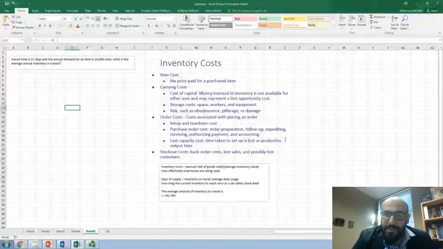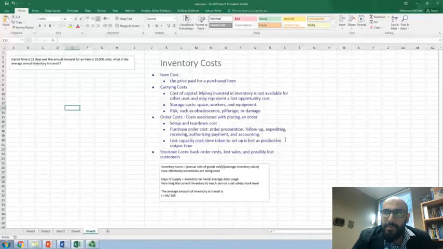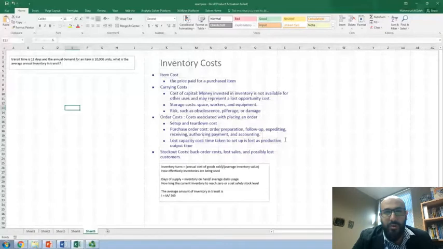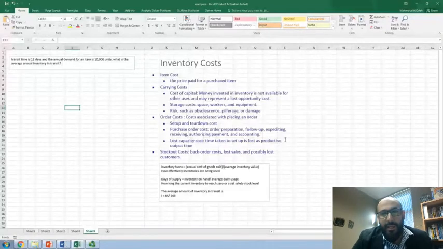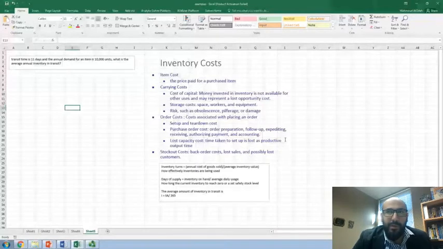Purchasing order cost. Some companies charge $10 or $20 per order just because you order from them, and this is related to not only paying the company, but also hiring people to do the order.